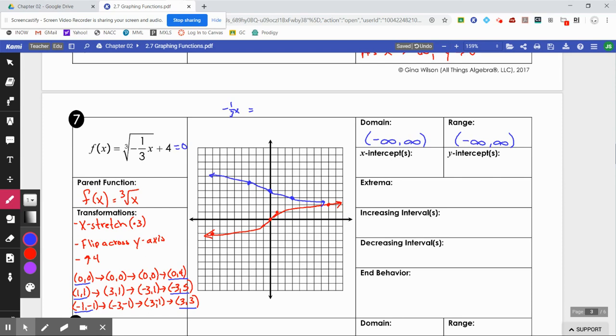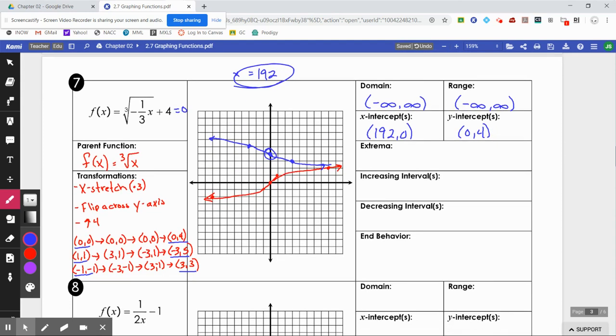That'd be -4 to the third, which would be -64. Now to get rid of -1/3, we have to multiply the other side by the reciprocal. So multiplying by -3 would give you 192. So your x-intercept is going to be at (192, 0). It flattens out, but it's going to take a while to get to that x-axis. Here's your y-intercept located at (0, 4).